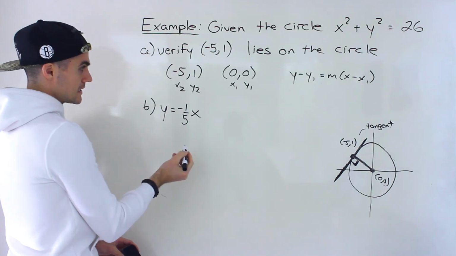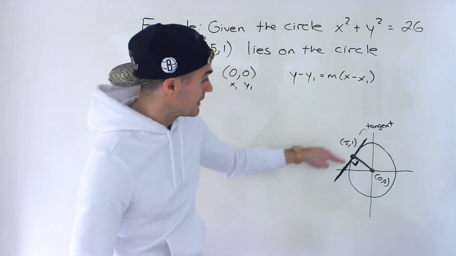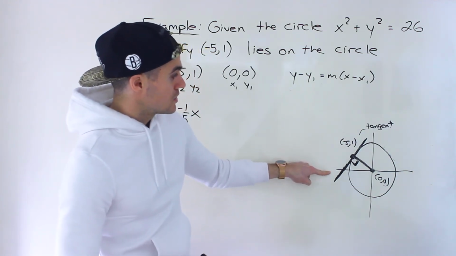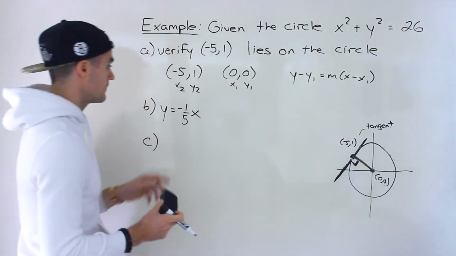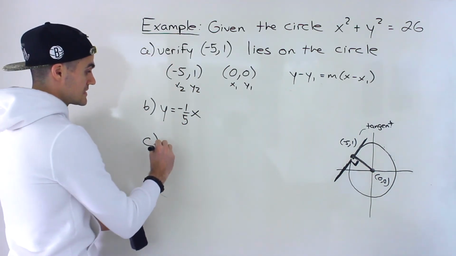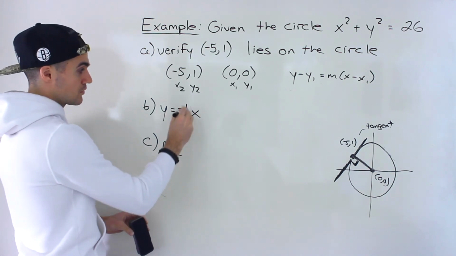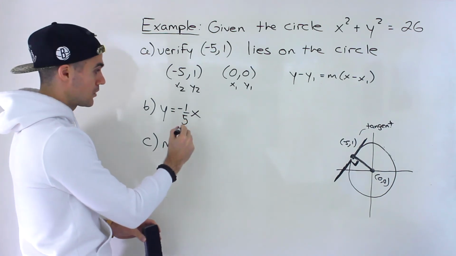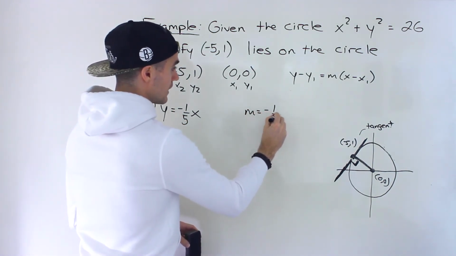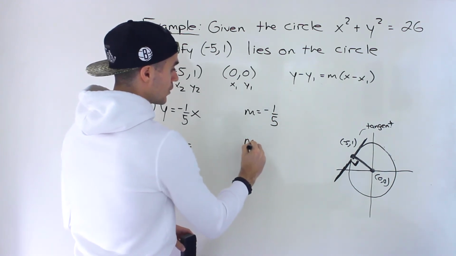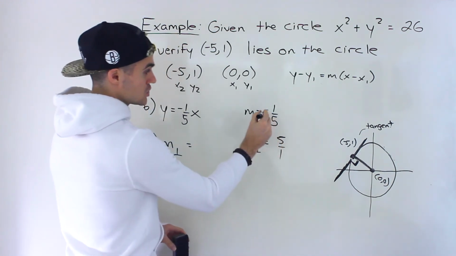Now with part C, what we're going to have to do is find the equation of this line, this tangent line. So notice that this tangent line is perpendicular to the line we found in part B. So what does that mean? It means that the slope of the tangent line is going to be the negative reciprocal of the slope from the line in part B. And so if the line in part B had a slope of negative 1 over 5, well, for the perpendicular slope, we're going to flip this, so it's going to be 5 over 1, and then change the sign.